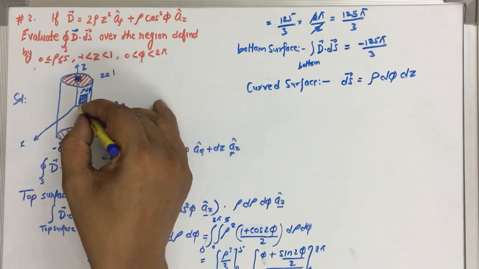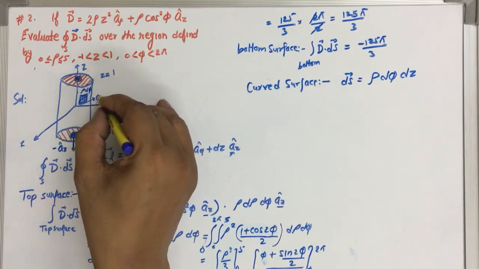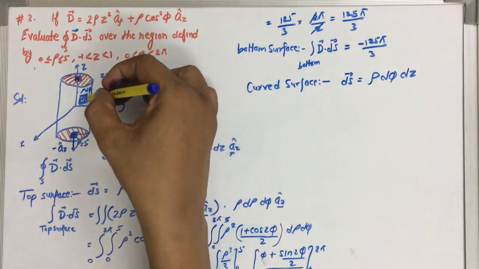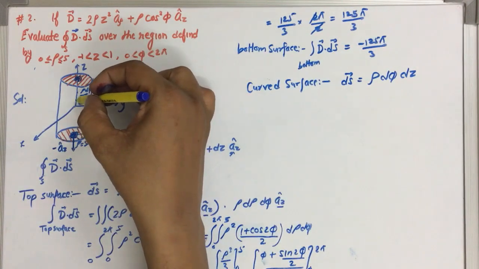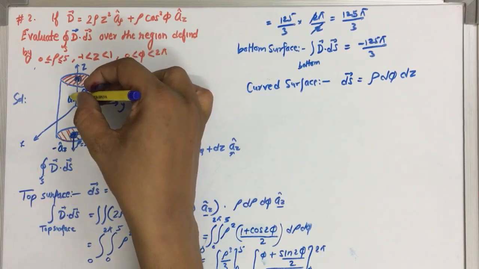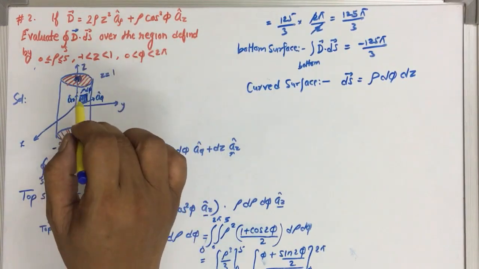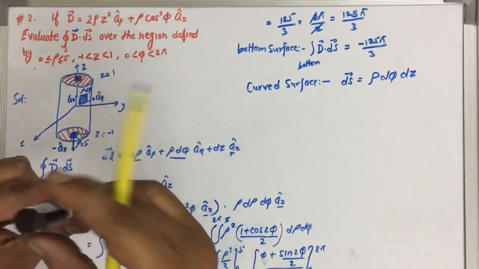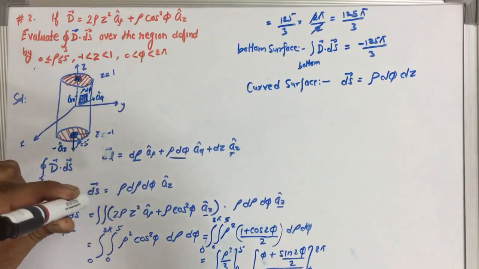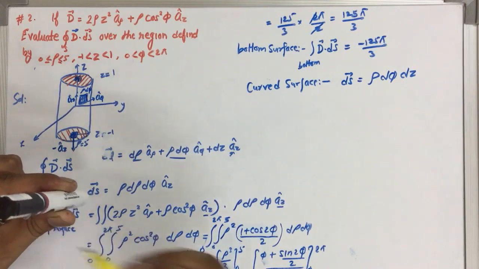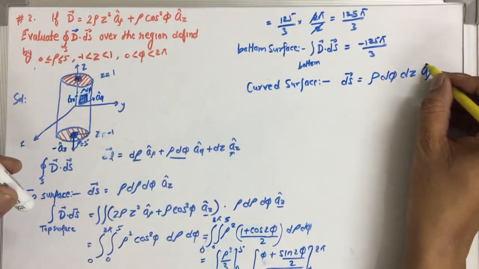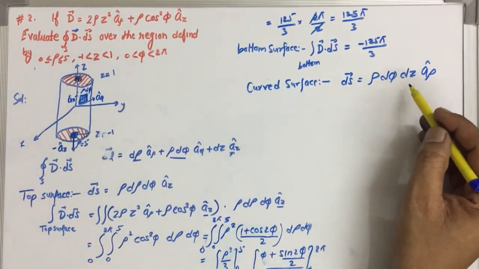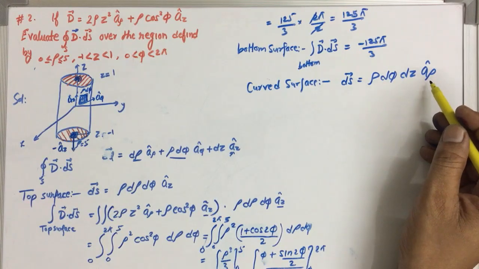See here, this is the a phi direction at the surface of the cylinder, and this is the az direction. The vector will be outward from the cylinder, that is in the direction of rho. So for the curved surface, dS will be rho d phi dz in the direction of rho.